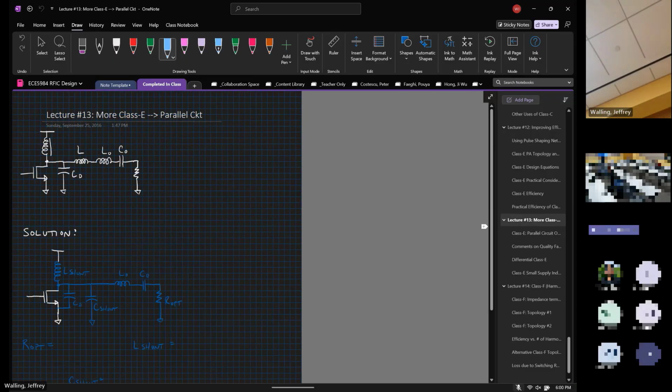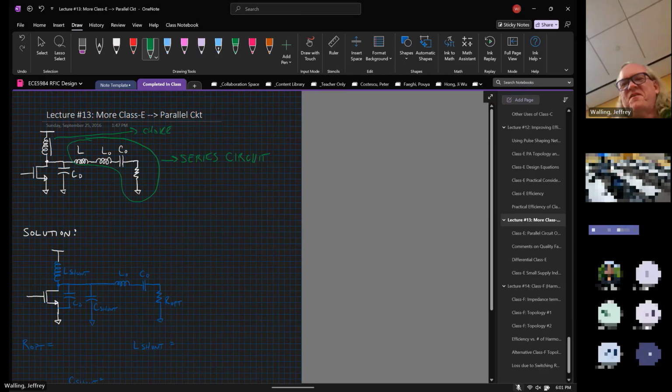All right, so let's look at our original series Class E network. In the original one, this was a choke. And then we had this series circuit. Now, my paper on Class E is from, when was that, 2007, maybe 2009, I don't know.